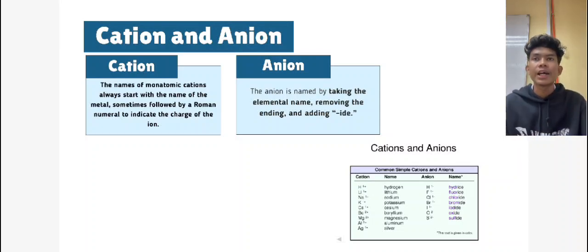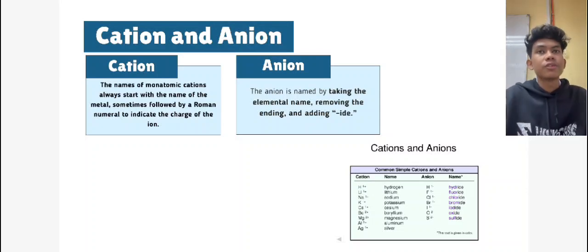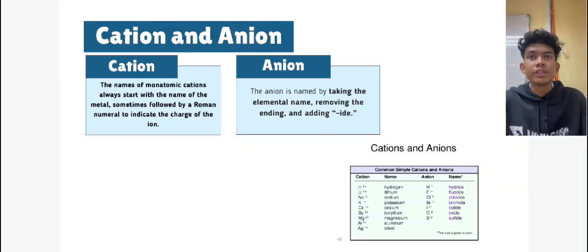Next, anion: the anion is named by taking the elemental name, removing the ending and adding the negative "ide". For example, hydrogen, if an anion, it becomes hydride.